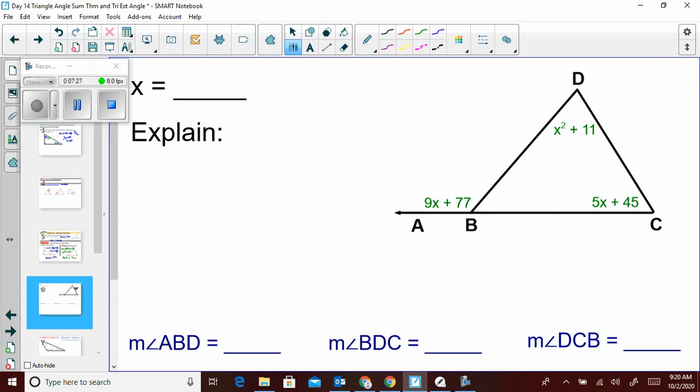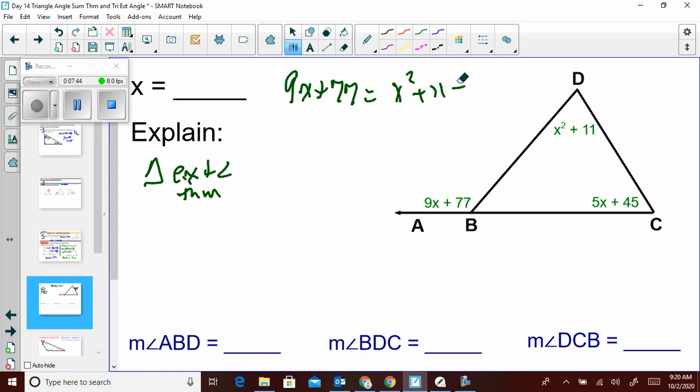Yep, this is the triangle exterior angle theorem. It says that 9x plus 77 is equal to x squared plus 11 plus 5x plus 45. The exterior angle is equal to the sum of the two remote interior angles.